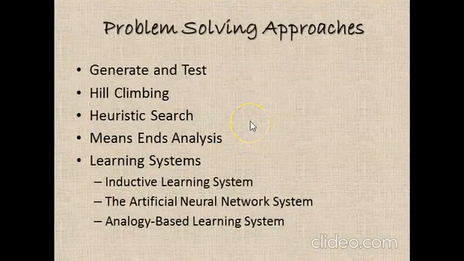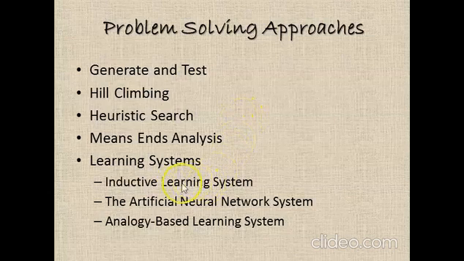Then we have also seen different problem solving approaches like generate and test. We will be generating a new state, and that state will be compared with the goal state for equivalency. Then we have seen hill climbing, then some heuristic methods, means-end analysis, then some learning systems.